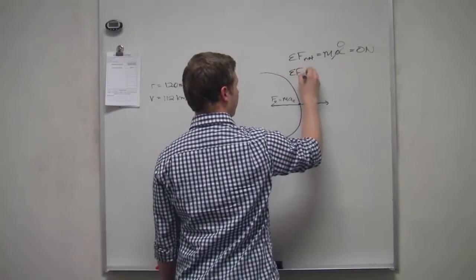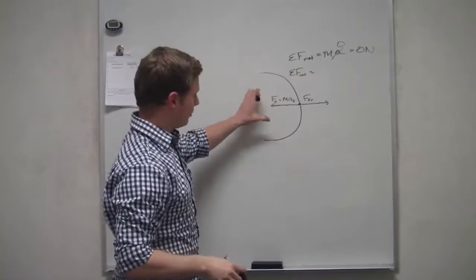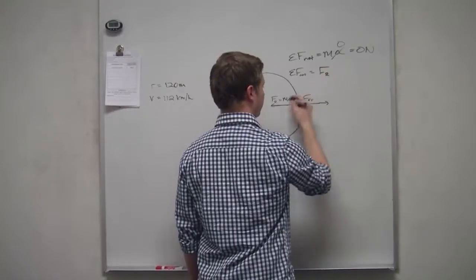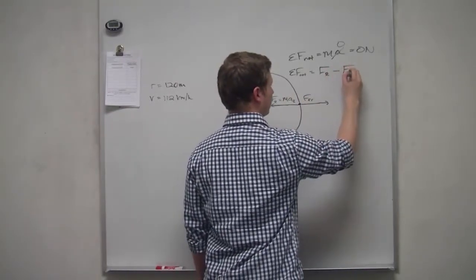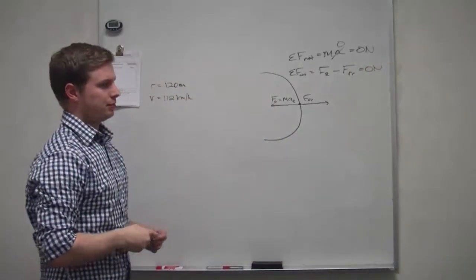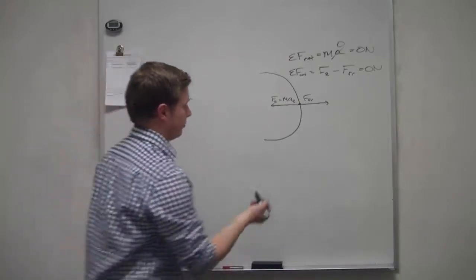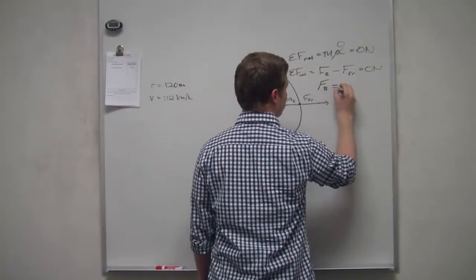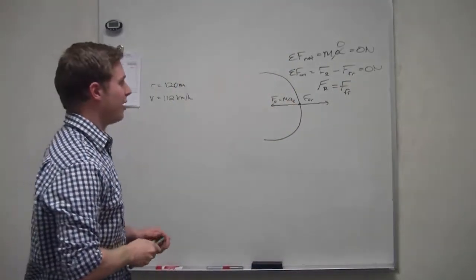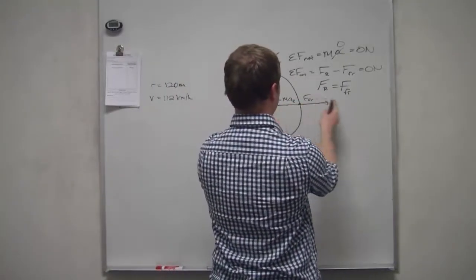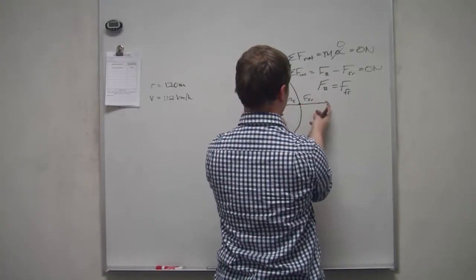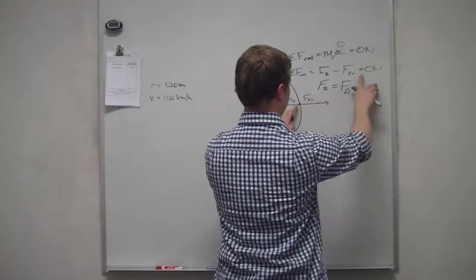So now we're going to look at each force individually. The centripetal force minus the frictional force is also equal to 0. So in other words, the centripetal force equals the frictional force. Does that make sense? We're saying the sum of the forces this way, this one minus this one, since one's going the opposite way, is 0.